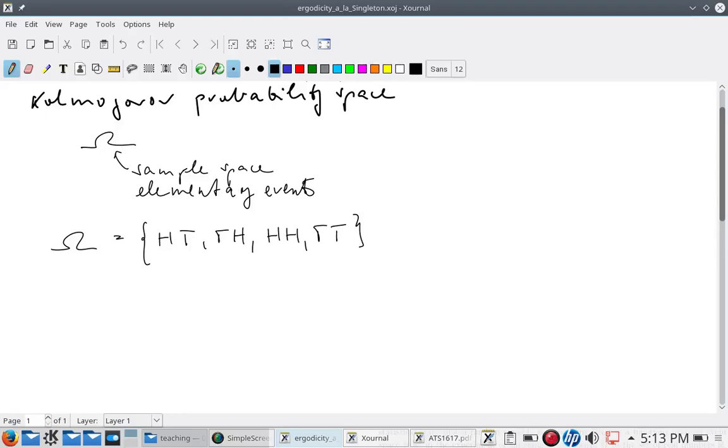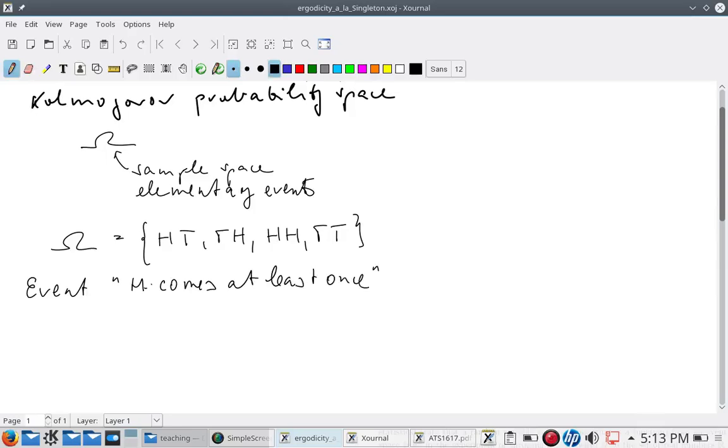Now what Kolmogorov suggests then is to construct from these elementary events events which are interesting to assign probabilities to. For instance, we could be interested in the event head comes at least once.